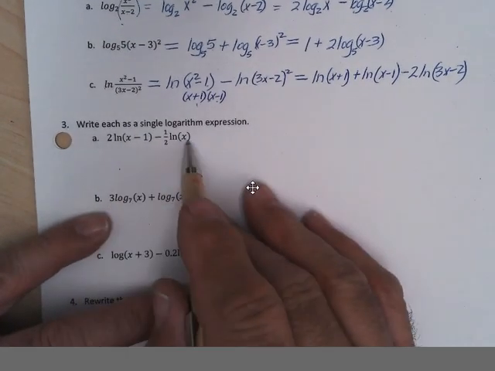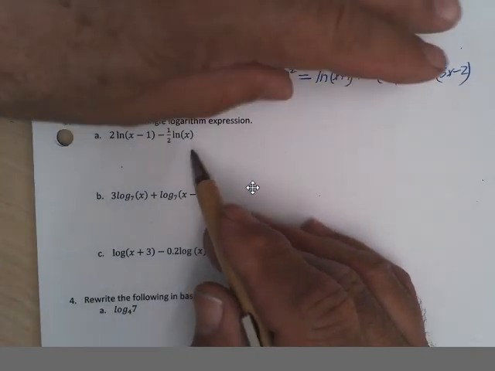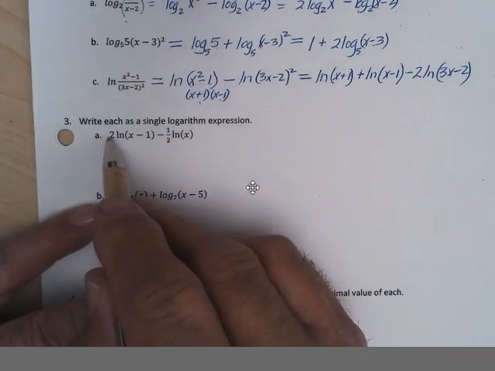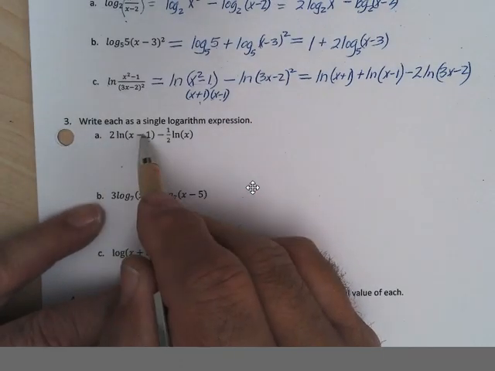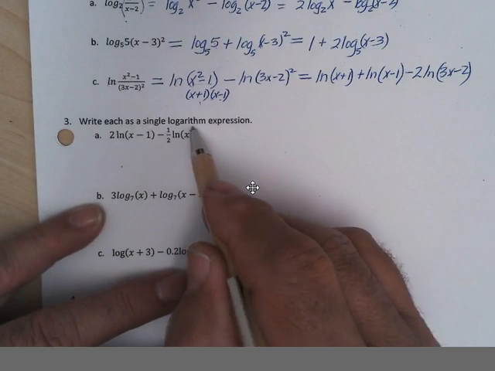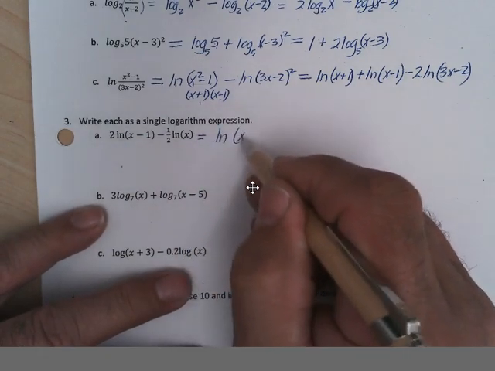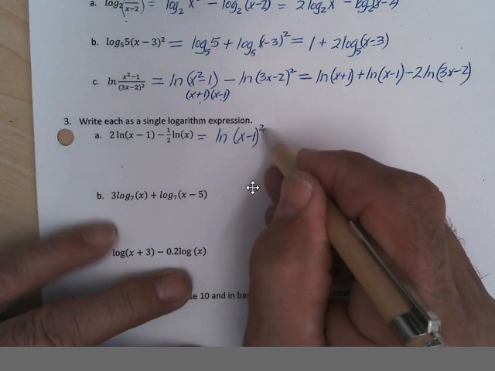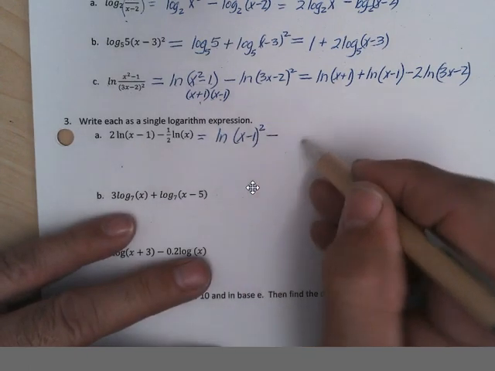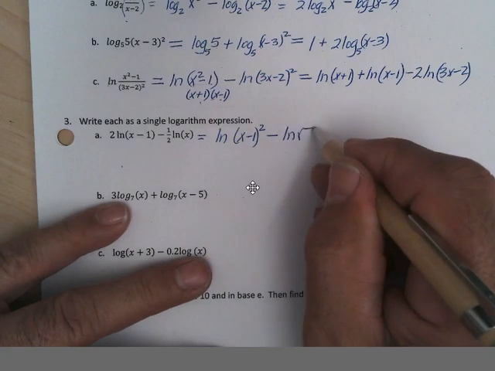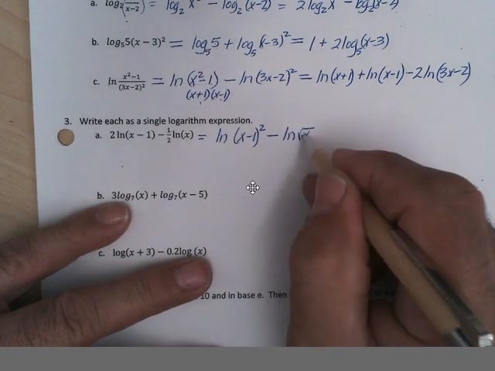Write as a single log. So now instead of splitting it all out, we're going to put it back into a single log. So the 2 goes up to a power on this, and the half goes up as a power on this. So it becomes ln of x minus 1 squared minus, half means square root, so ln square root of x, or x to the 1/2.